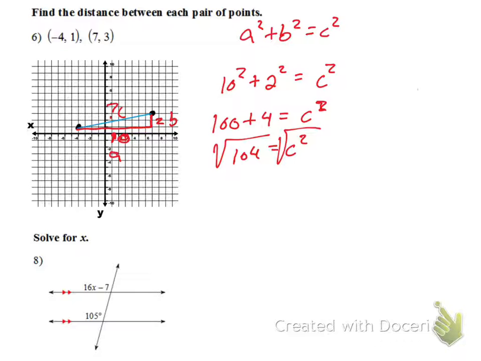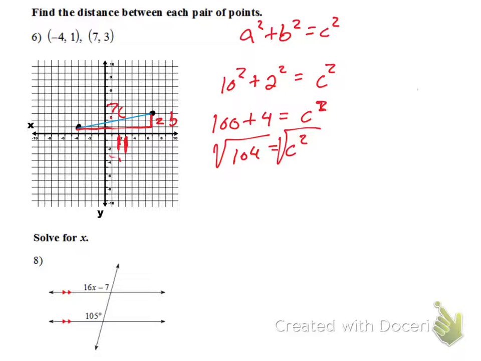But let's see here. Hold on a second. All right, so I immediately know what I did wrong. This isn't 10 because the bottom right here is not 10. I'm just going to erase this. The bottom here, because we go to 7, this would be 11. So I miscounted.